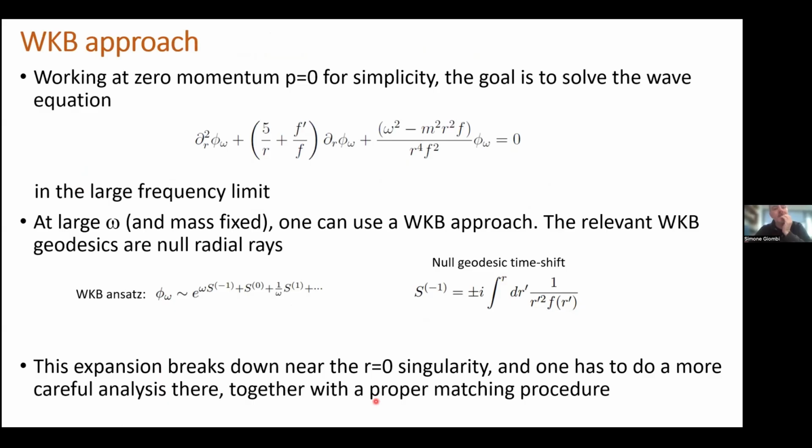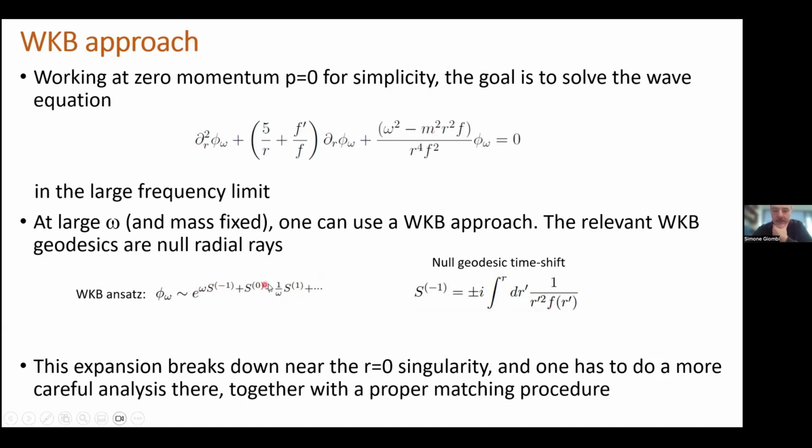Basically we want to solve this equation, and the idea is that at large frequency we can try to do something like a WKB approximation. So we make a WKB ansatz like this, similar to what we do in quantum mechanics, except that the parameter which is large here is the frequency, and we don't take the mass to be large. The mass is fixed.